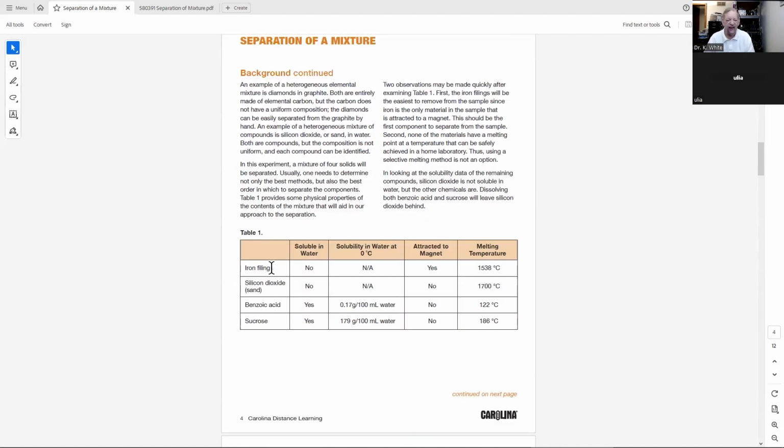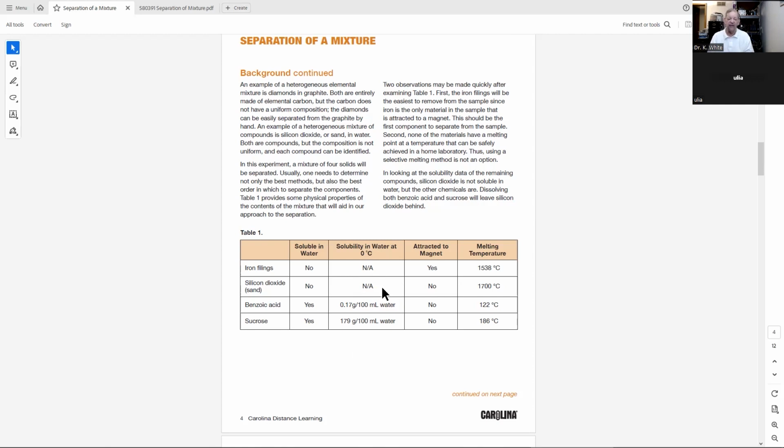Now, if we look at table 1, we can see key physical properties. The iron and sand are not soluble in water. The benzoic acid and sucrose, otherwise known as sugar, are. But if we look at the solubility at different temperatures, the iron and sand are not soluble. That's why they have NA, not applicable.